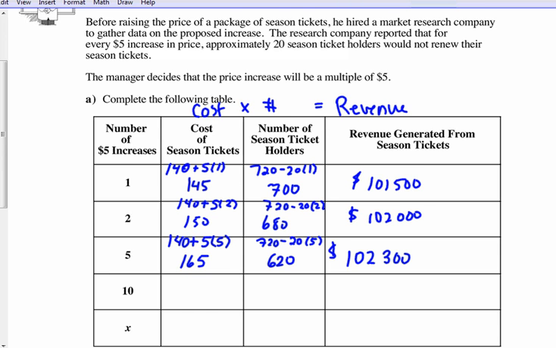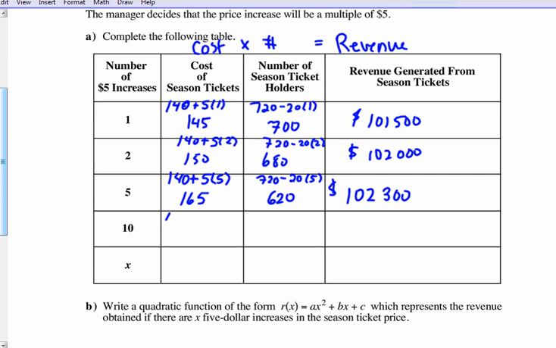So there's a number of increases. Okay, 10. If we increase it by 10 increments of 5, how many dollars are we increasing? $50. So 140 plus 5 times 10, or 50. The price is now 190. And how many people would you lose? We lose 20 for every increment. So if you do 10 increments, you lose 200. 20 times 10.